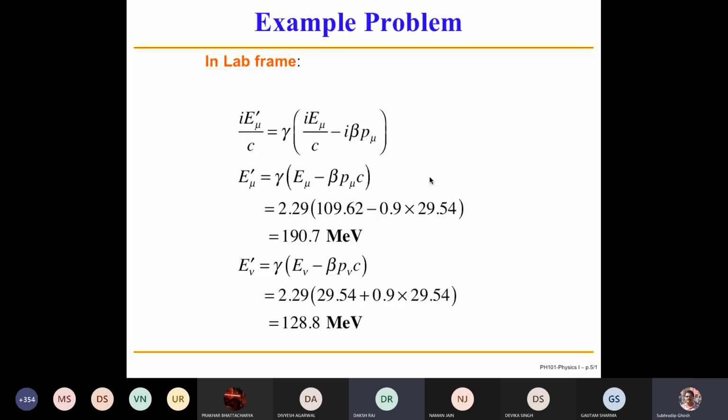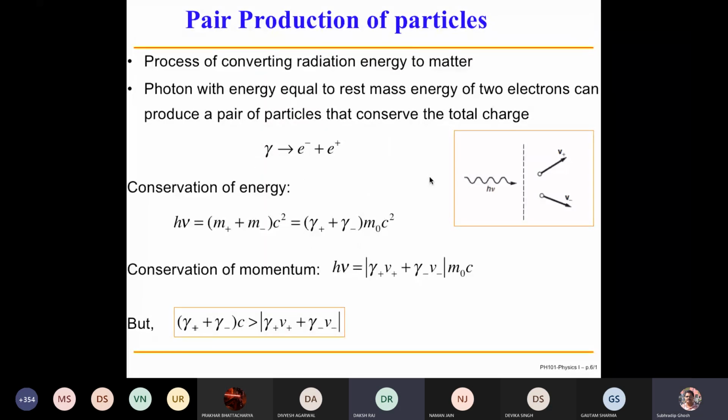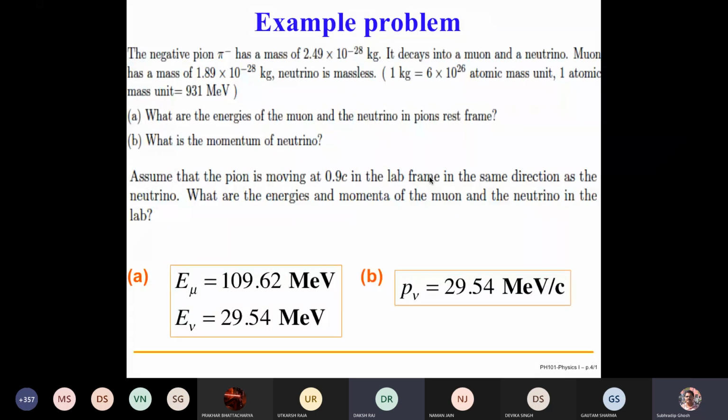The third example that I'm going to talk about involves these muons, pions, etc. The reason I talk about this is that these are the regions where relativistic effects are prominent. This is happening inside a collider where high energy particles collide and give rise to different reactions. You get new particles and you analyze them.